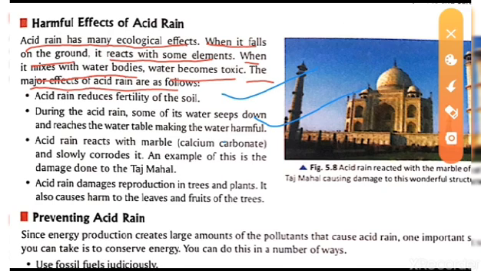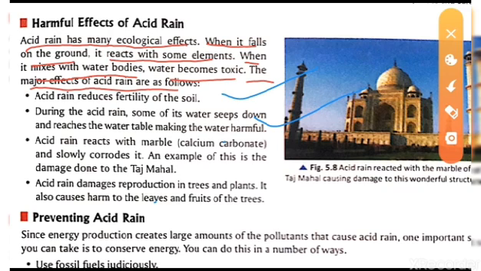When acid rain reacts with the calcium carbonate in the marble, it corrodes it, and the shining part of it is hampered.